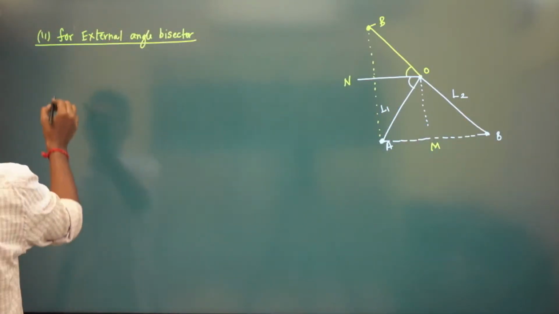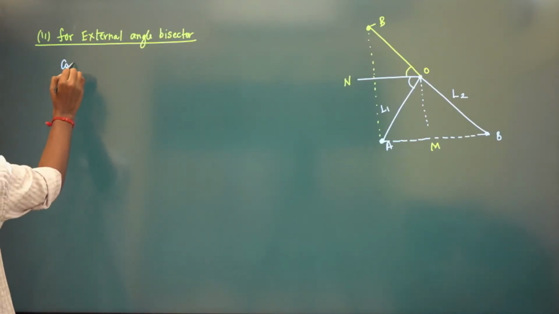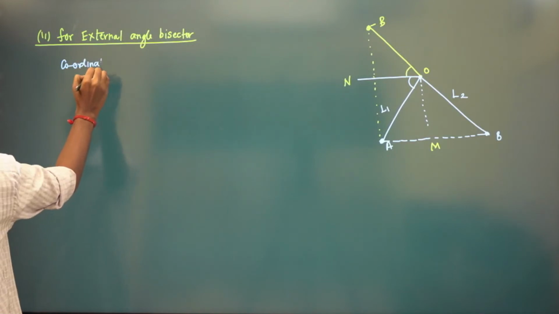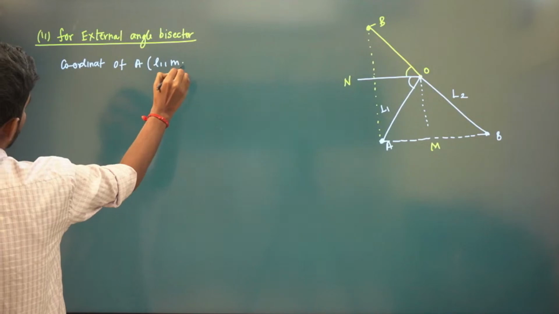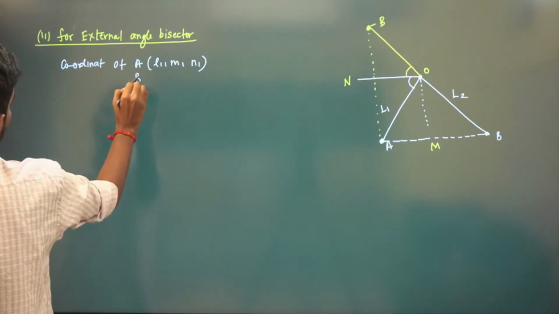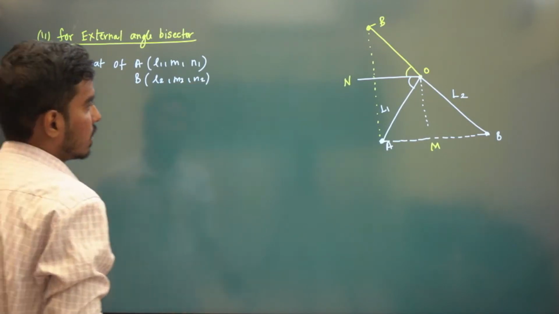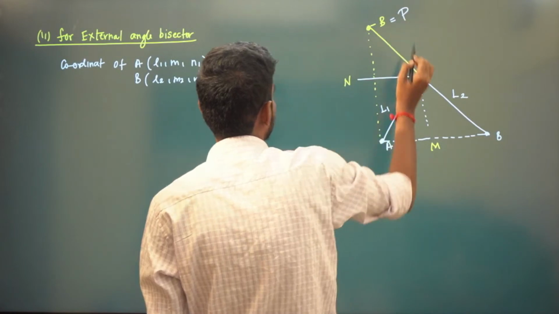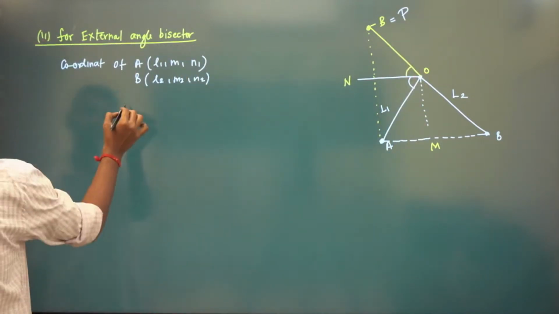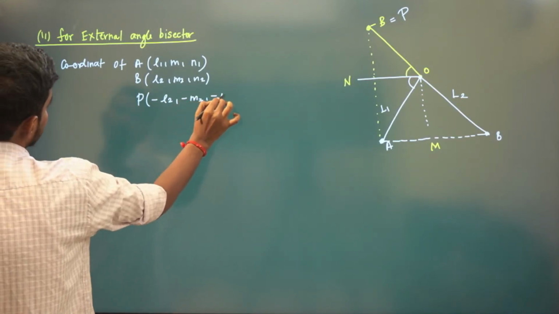So coordinate of A is L1, M1, N1, and coordinate of B is L2, M2, N2. Let us call this minus B as some P, right? Now P is nothing but minus L2, minus M2, minus N2.